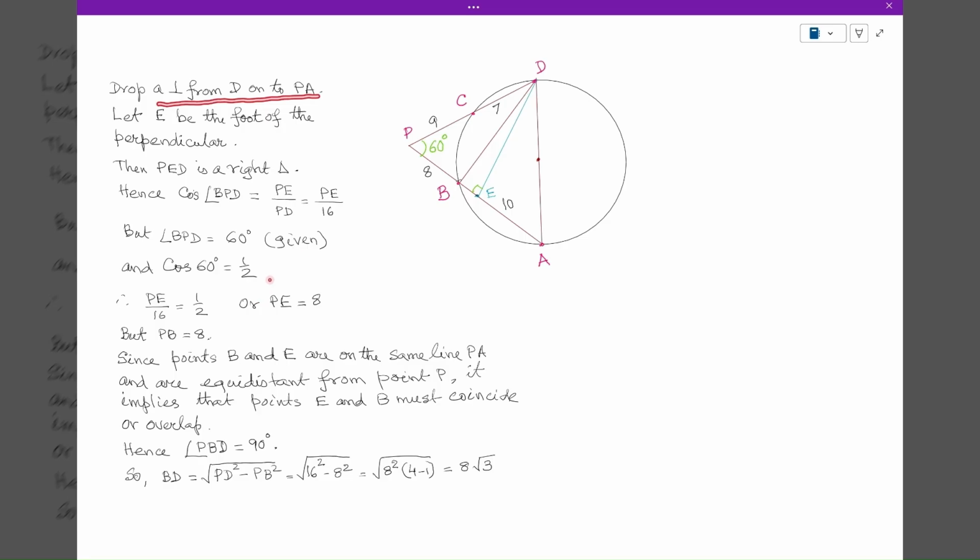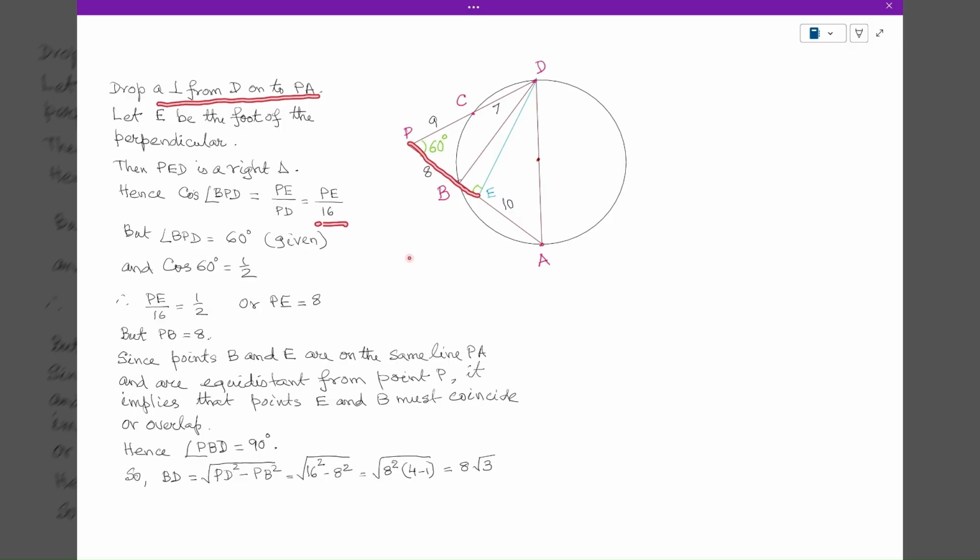Therefore, PE by PD, which is PE by 16, which is cos 60, is equal to half. So, PE by 16 is equal to half, or PE is equal to 8. So, this distance is 8. However, we already know that PB is equal to 8. Now, B and E are equidistant from P. This is 8, this is also 8.